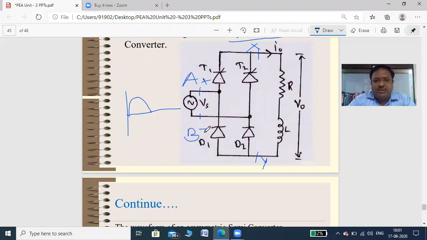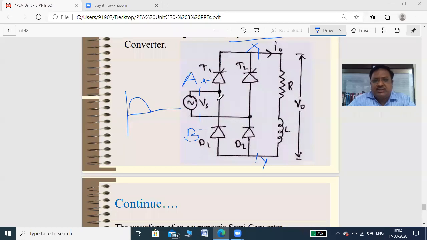Similarly, because of this minus terminal B, diode D2 is in forward bias, but T2 is in reverse bias condition, right? So what happens during the positive half cycle?